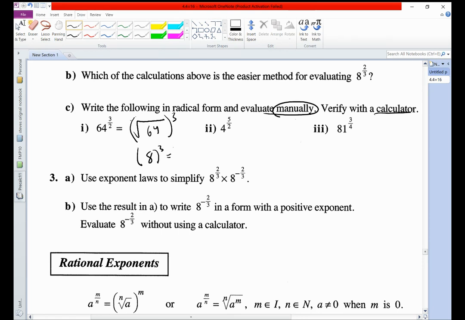And 8 to the power of 3 is 8 times 8 times 8, which is 512. 4 to the power of 5 over 2 is the same as the square root of 4 all to the power of 5. The square root of 4 is 2 to the power of 5, which is 2 times 2 times 2 times 2 times 2, which gives you 32.